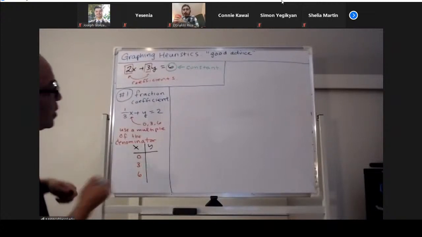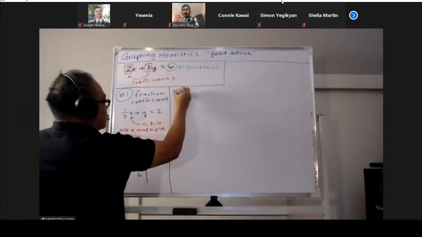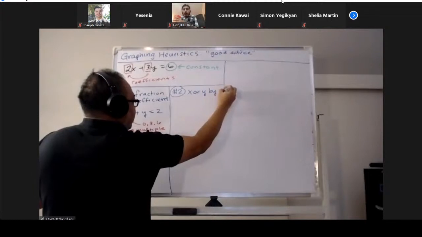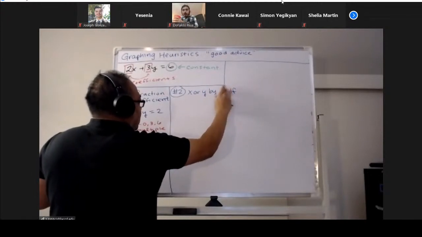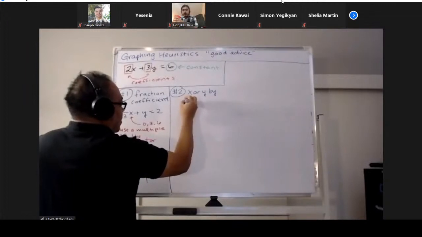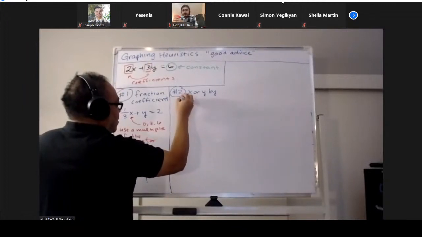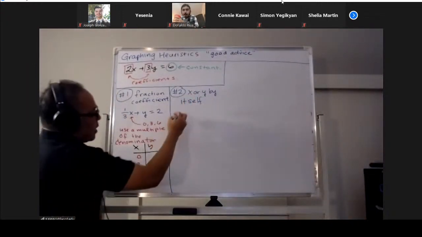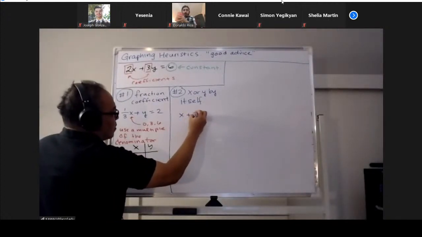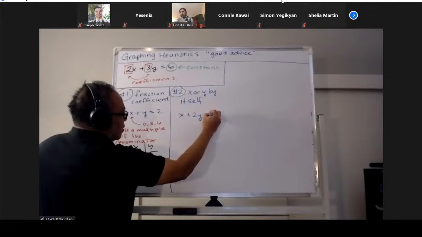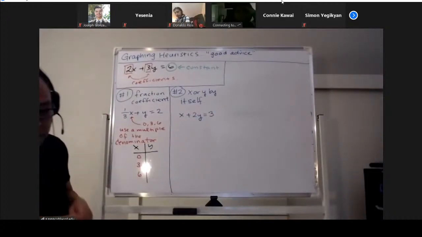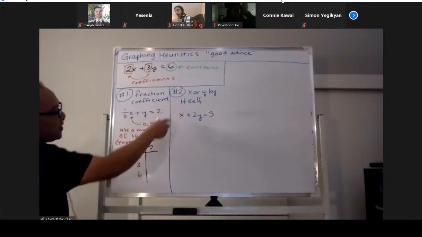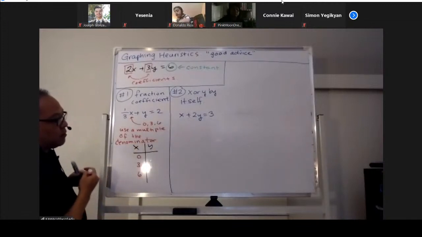Now, the next heuristic: you have X or Y by itself. So I have something that looks like this. I either have X or negative X, Y or negative Y all by itself, meaning that my coefficient is 1.